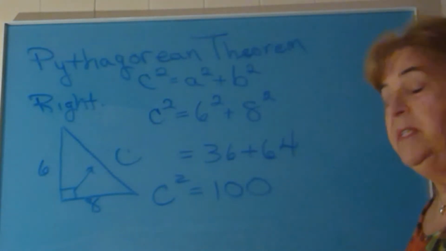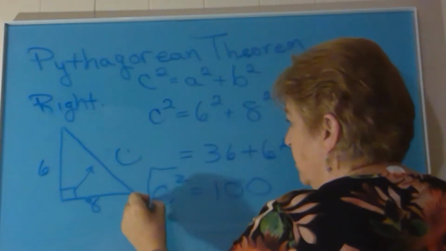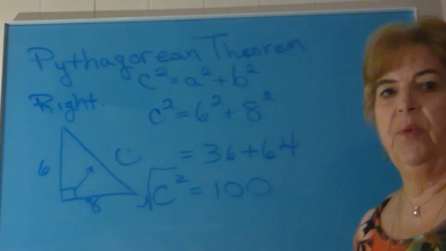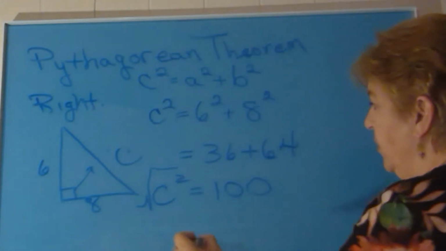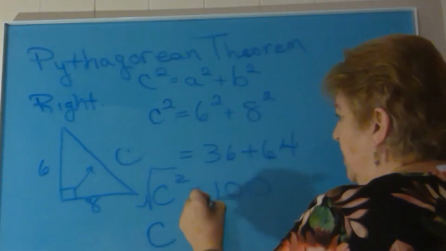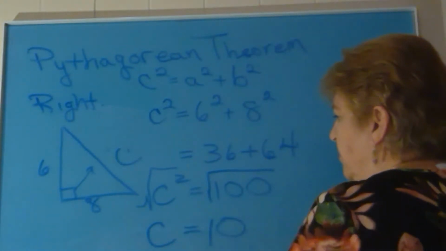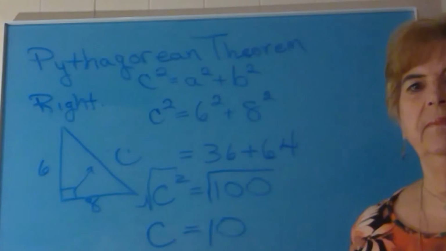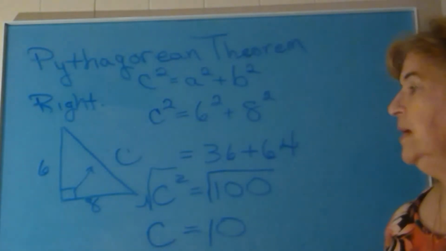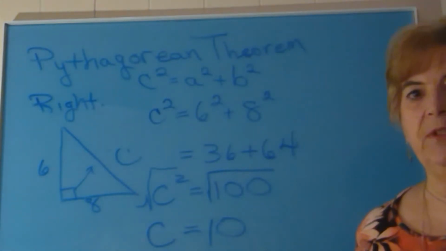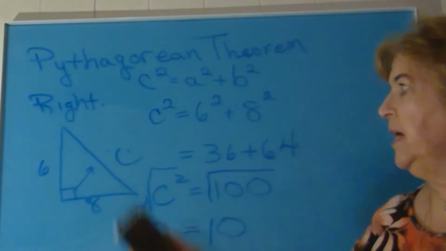To find out what c is, you need to take the square root. The opposite of squaring is taking the square root. So that's how we would solve this. You take the square root of 100, and that would give you 10. So that's how you find the third side of a right triangle, in this case, the hypotenuse.